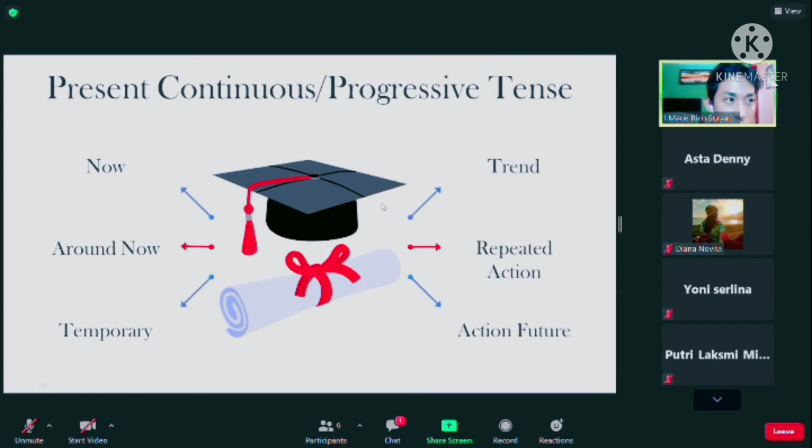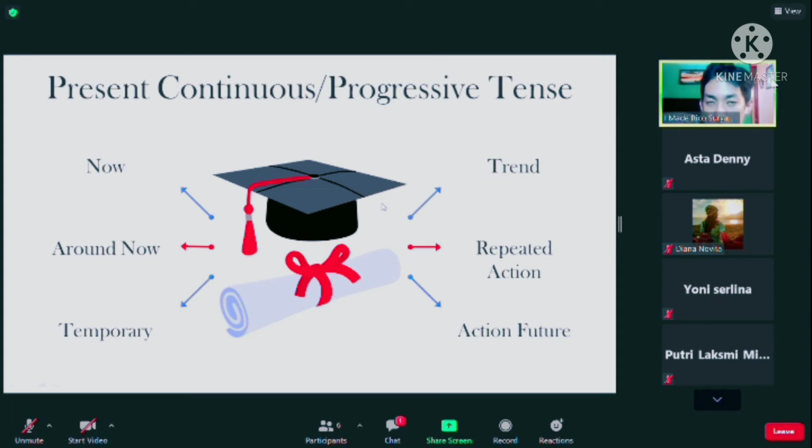For example, I'm reading at 8 a.m. That's for a temporary moment in one day. In one day at 8 a.m. you are reading a book. That's for a temporary moment, not for a long period of time, but a short period of time. But it is also called a progressive tense. For the trend, you already know about the trend.